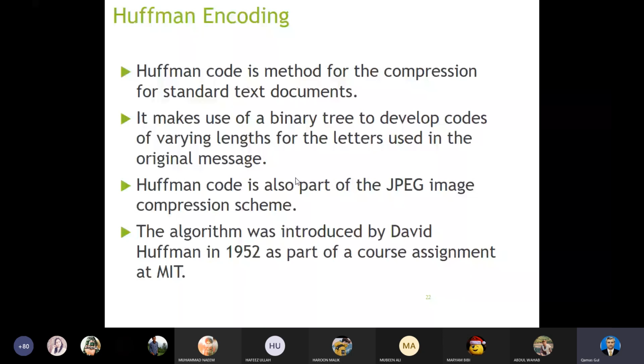It is an almost 50 or 55 years old technique, Huffman encoding, a very early encoding technique. What is encoding? Encoding is a technique of compression.